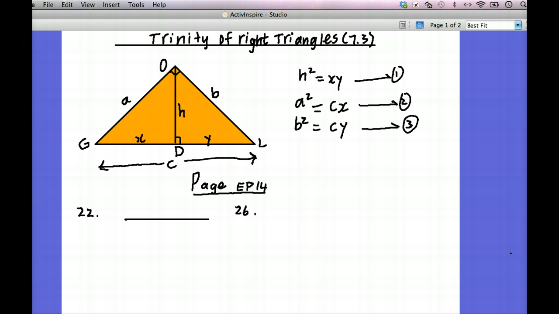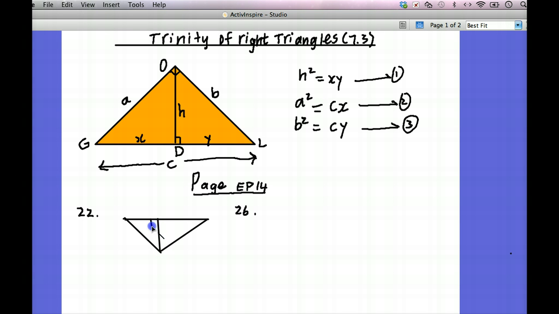That's the overall hypotenuse. And here we have one of the overall legs. Here we're going to have another of the overall legs. Then right here would be our altitude.